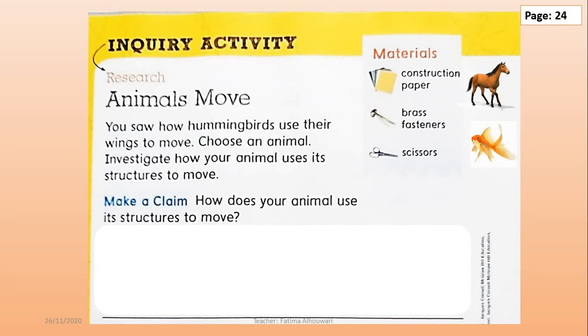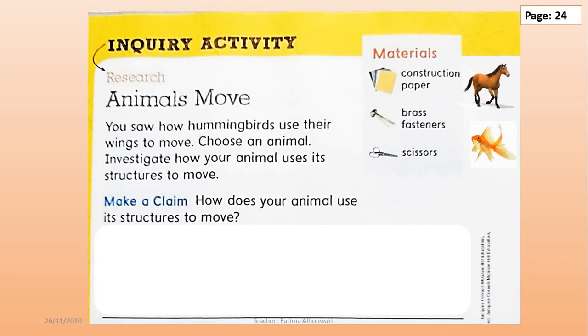We have an inquiry activity here. Animals move. Let's talk about a horse and a fish. Let's start with the horse. What do you think, grade one? How does the horse use its structures to move? What do you think?